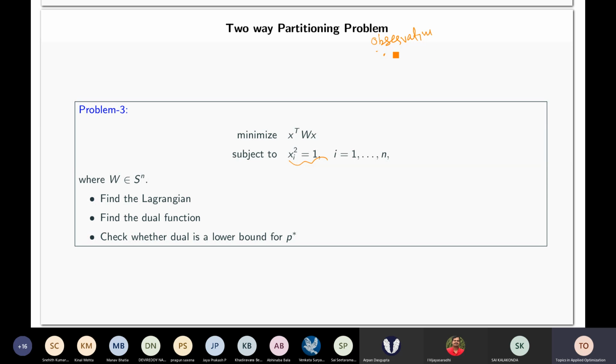The constraints restrict the values of x_i to plus or minus 1, so x can be either plus 1 or minus 1. The problem is equivalent to finding a vector with components plus or minus 1 that minimizes this. This is just another way of saying that. What about the feasible set here?